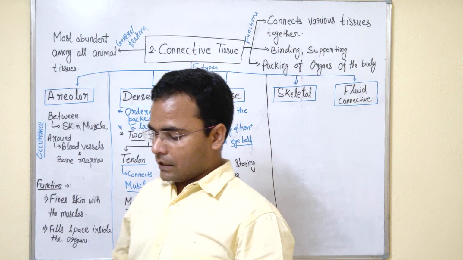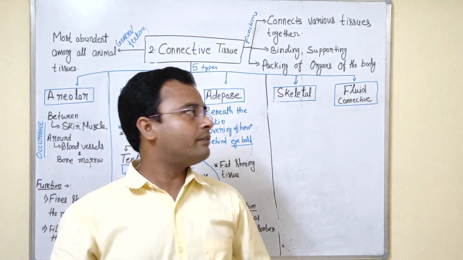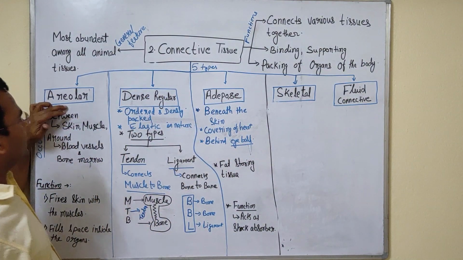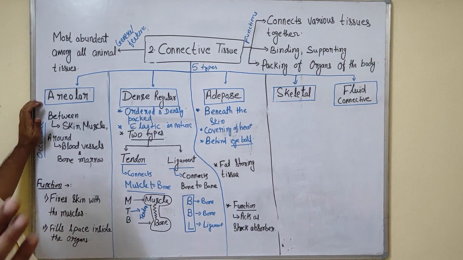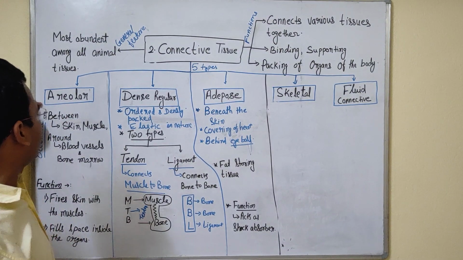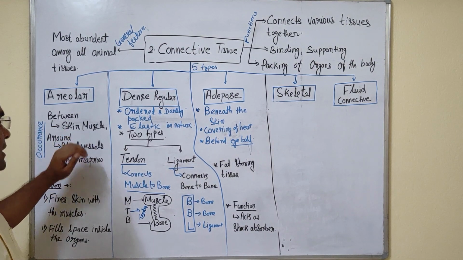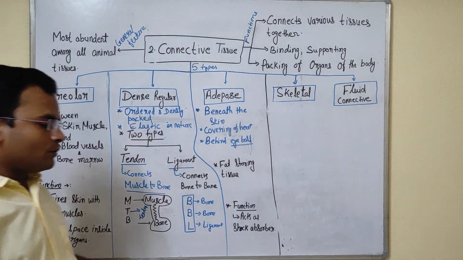So again, like other tissues, this connective tissue also has been classified into these 5 types. The first one is the areolar connective tissue. What is the areolar connective tissue? It's a very simple one. It is present between the skin, the muscles, and around the blood vessels and around the bone marrow.